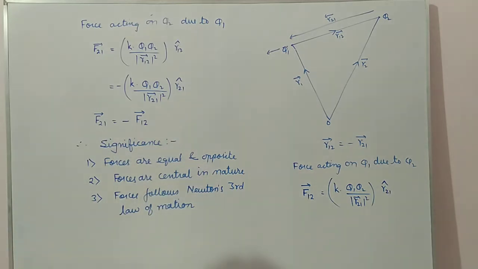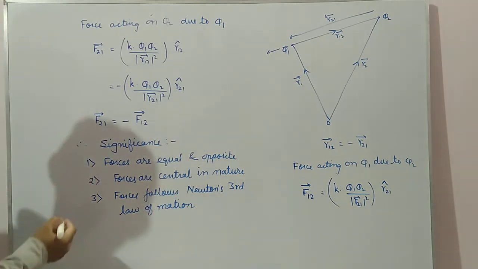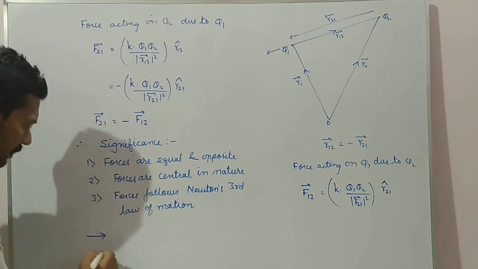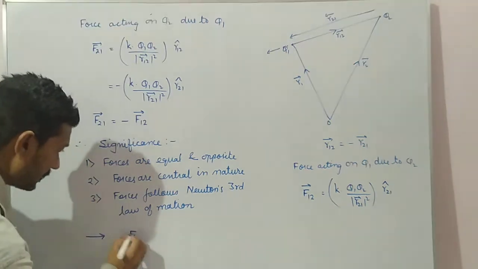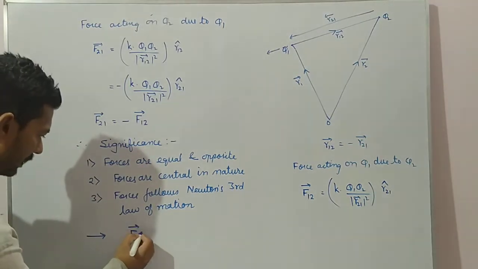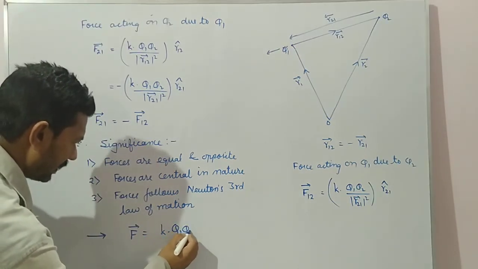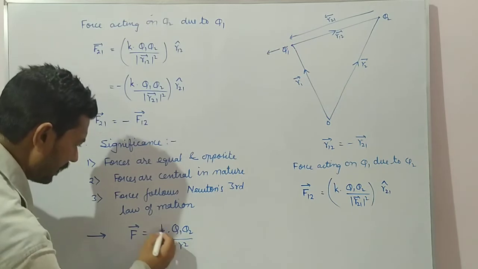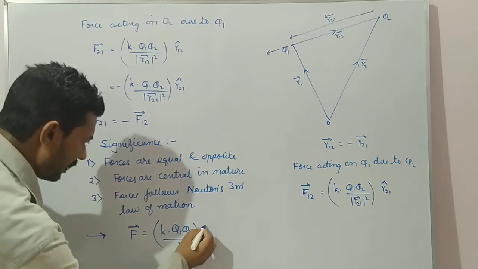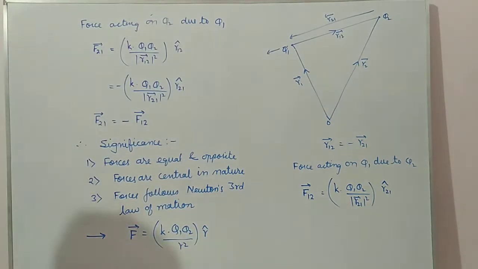One more question they may ask related to this is: write Coulomb's law in vector form. In that case, just write like this: F vector equal to K Q1 Q2 by R square unit vector R. That's all.